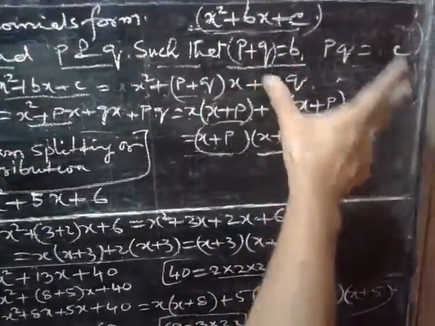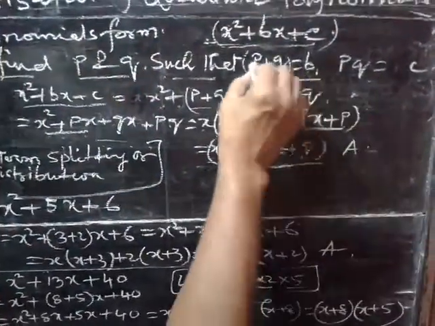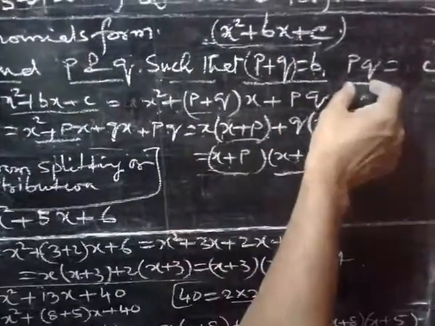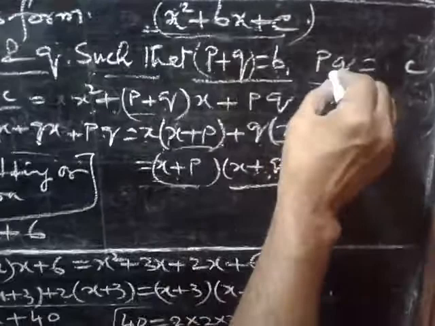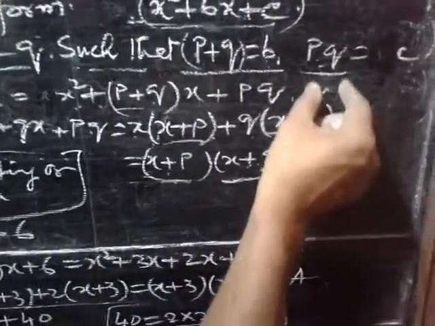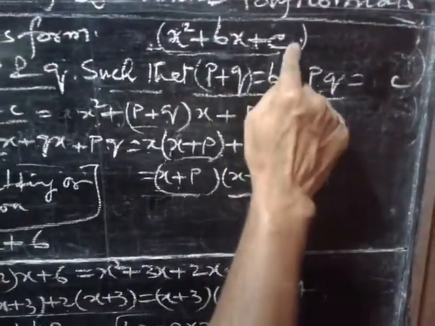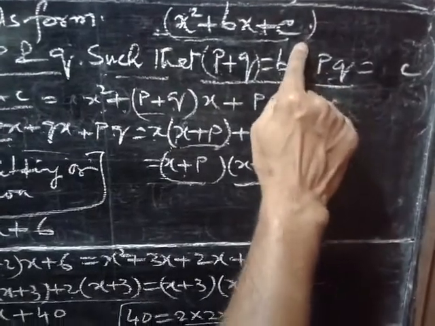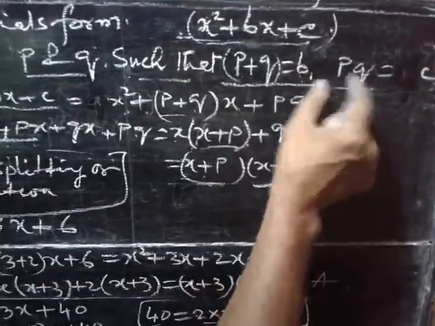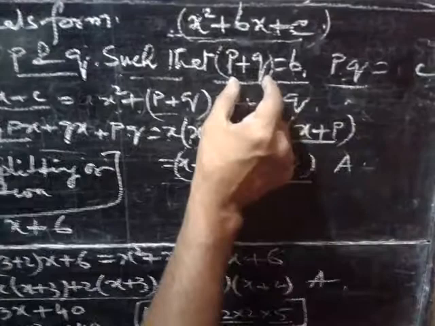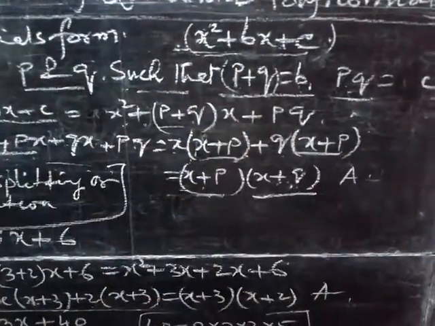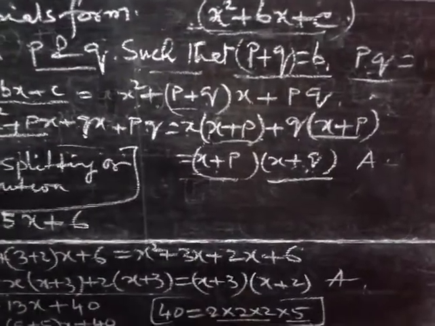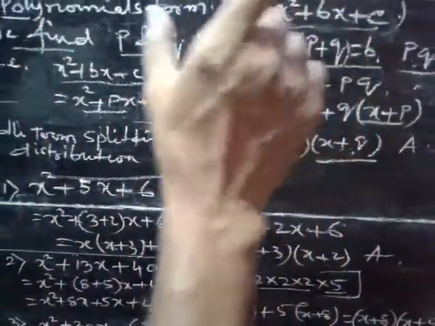So you can conclude that p and q are factors of c. Try to understand, p and q are factors of c. So you are splitting the constant term c into two factors p and q, which give you b when added. This is the exact process.